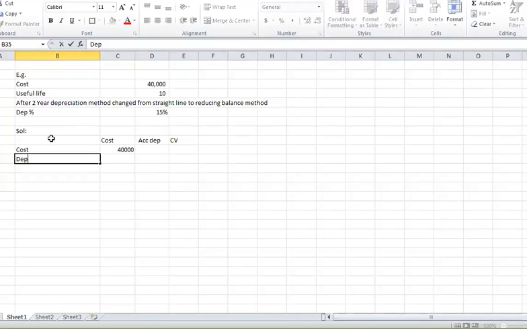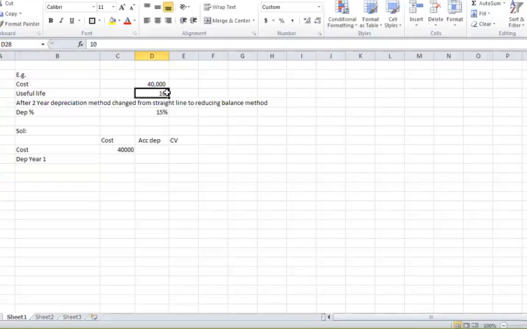Now we will charge depreciation in the year number 1. We can see useful life is 10 years.